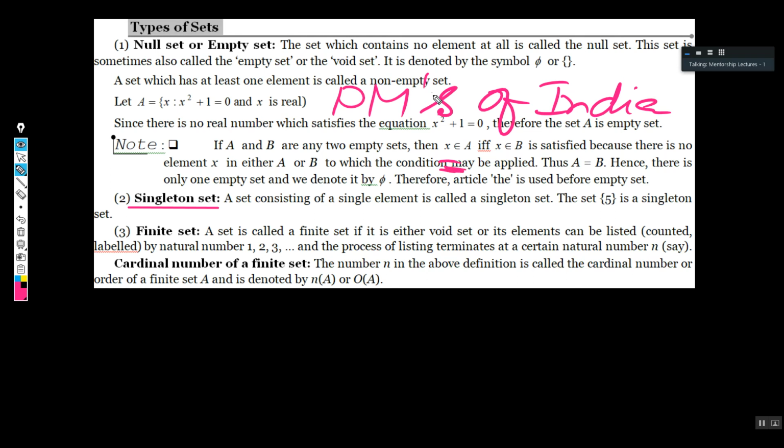Now, every one of you is a singleton set with respect to marriage. Is anyone married in the class? Any boys or girls who are married in the class? I think no one is married.